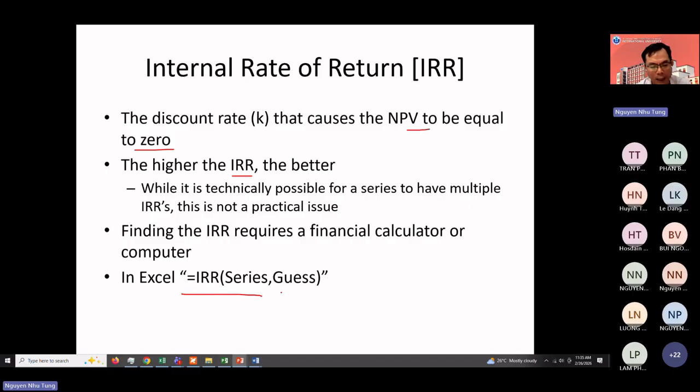But it takes time, and I don't think you need to spend a lot of time following that process. So you can use Excel to calculate the IRR. I will demonstrate an example later.